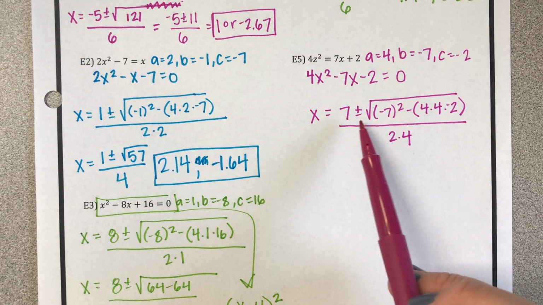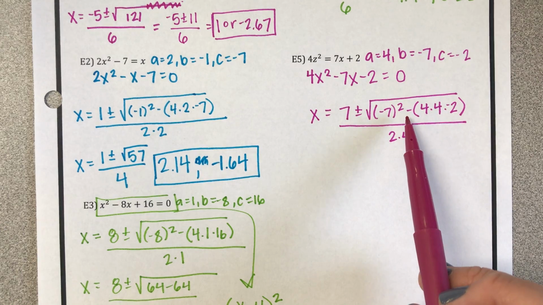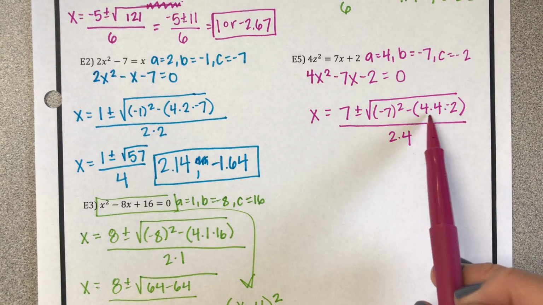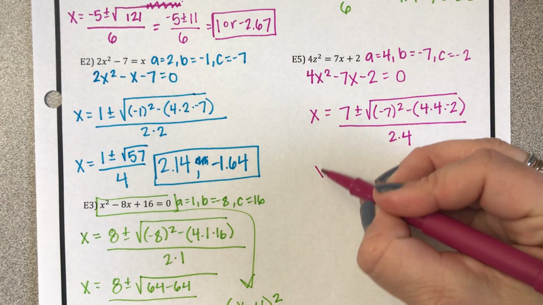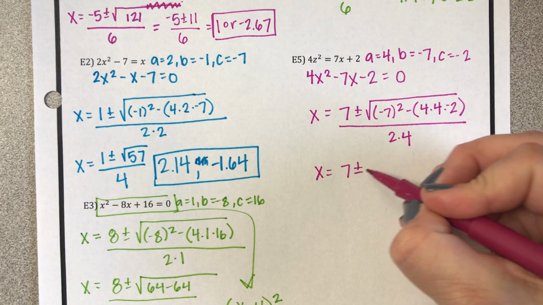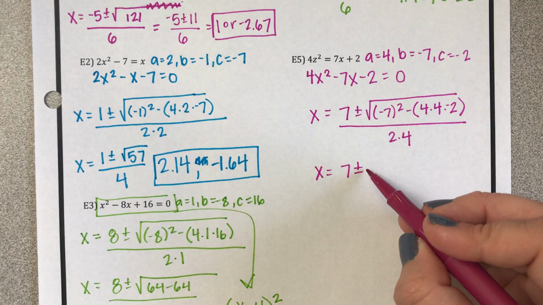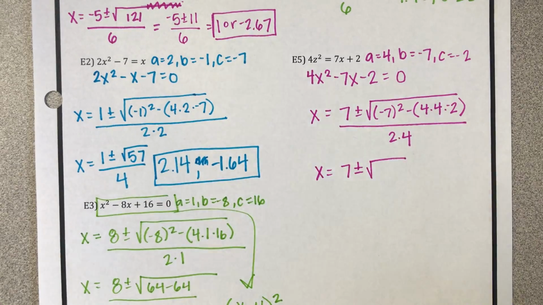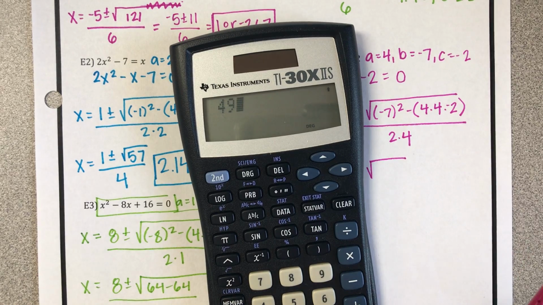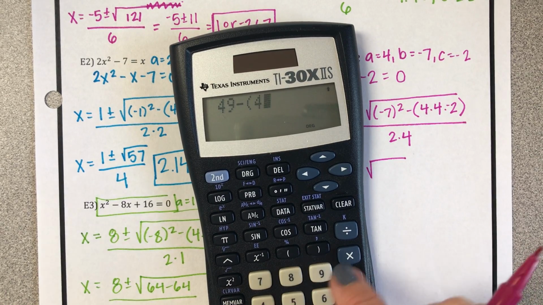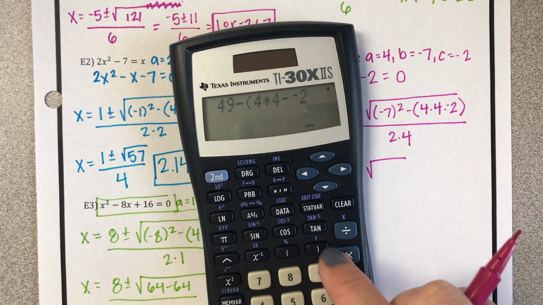So negative b plus or minus the square root of b squared minus 4 times a times c, all over 2 times a. Okay, so x equals 7 plus or minus the square root. And then I have negative 7 squared, right? So that's 49 minus 4 times negative 2.